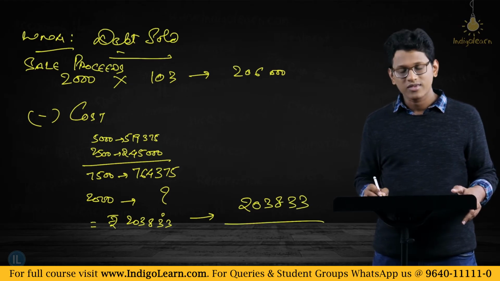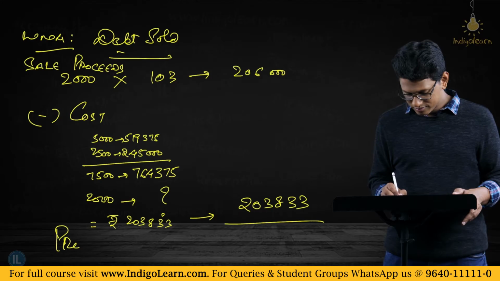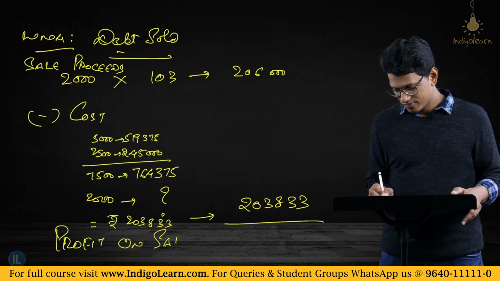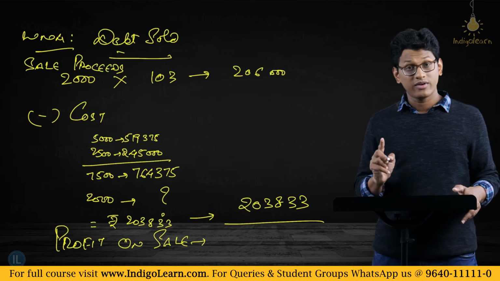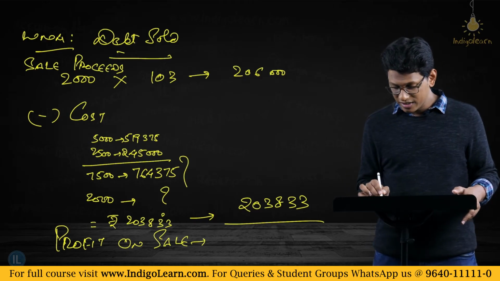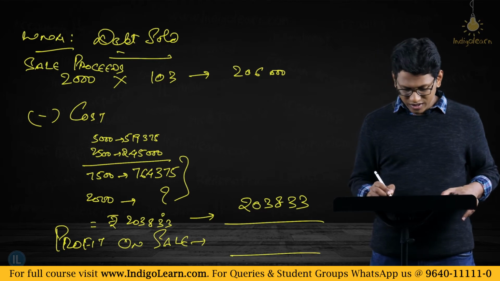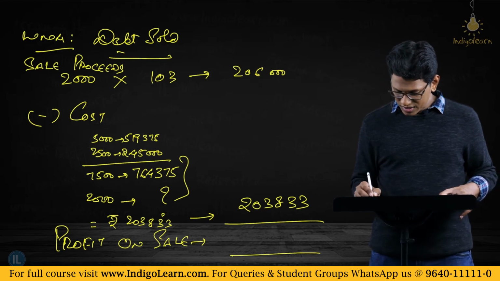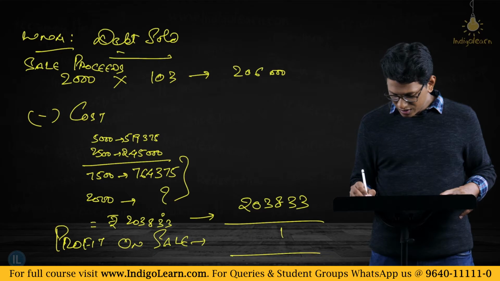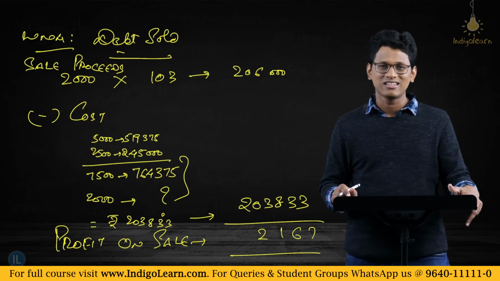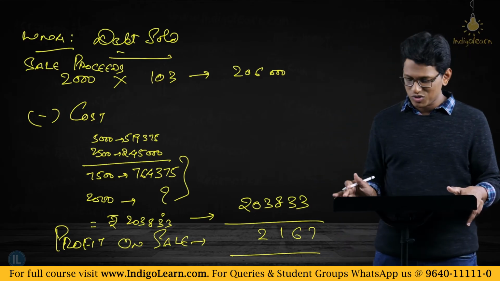2,03,833. What is the profit? Now friends, by the way, without any confusion, what we applied here is the average cost method. Okay, right. What is the profit here? 2,06,000 minus 2,03,833, 2,167. Okay. So 2,167 is the profit on sale of investment.